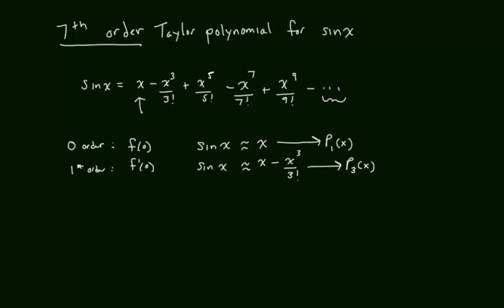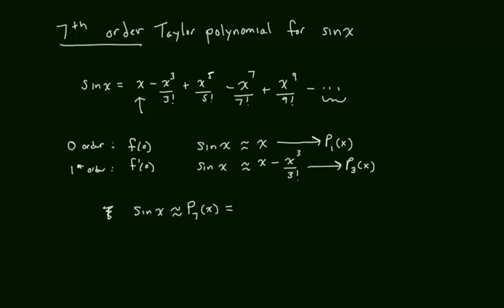So the question calls for a 7th order polynomial. So the sine of x is approximately a 7th order polynomial. You might be wondering about degree, and a lot of times the degree and order do match, but not always, so we've got to be careful about that.